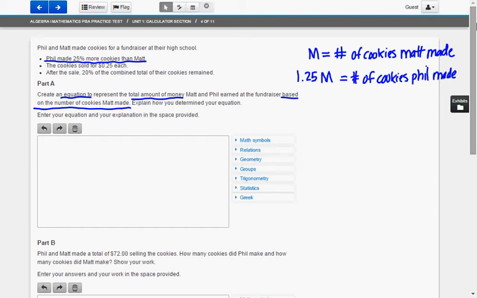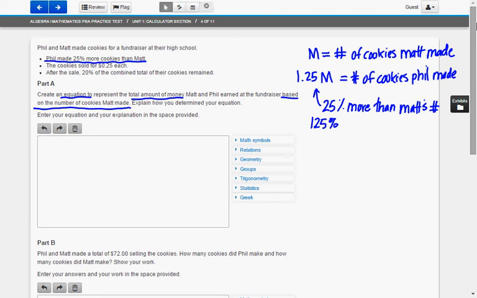When I take M, Matt's number of cookies, and multiply it by 1.25, this will give me 25% more than what Matt made. Multiplying by 125%, he made more than what Matt did, 125% of that.